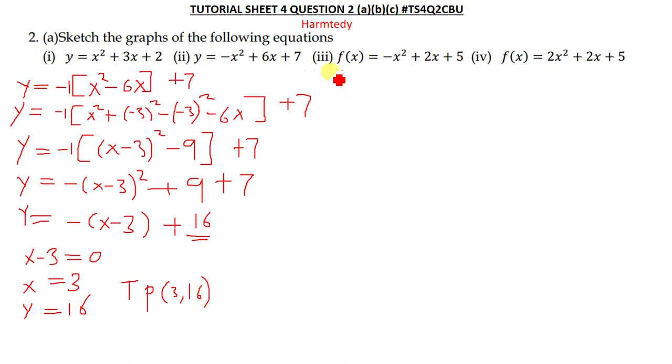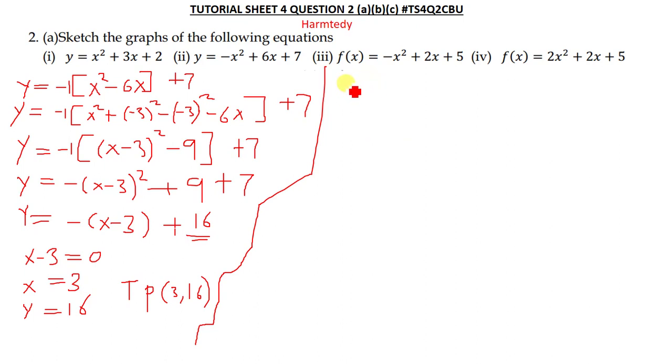Now to get the values of x at the x-axis, you simply put 0 this side, because we know that on the x-axis the value of y is equal to 0. So where there is y here, we're going to put 0.